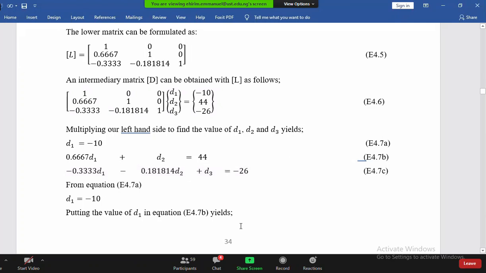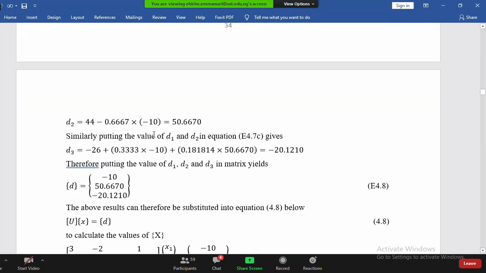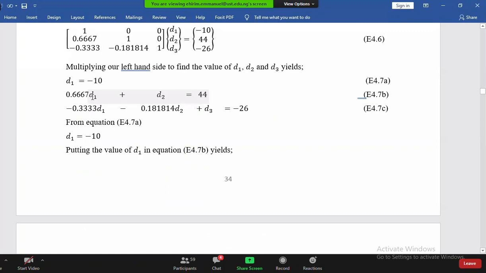So when you resolve these equations, let's see what we are having. We have D1 equals that, so we substitute D1 into the second equation. We substitute 10 here, so it will be 6.667. If you move it to the other side, it will be minus.